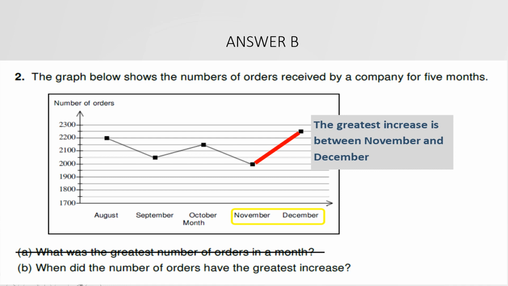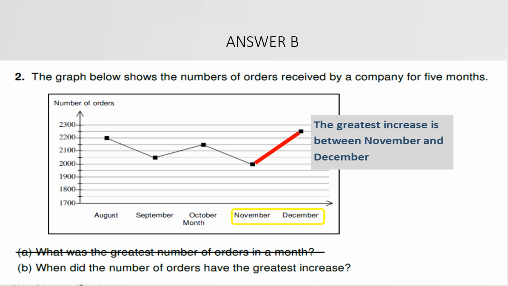How much? Look, in September, it was more or less 2,050, and in October, it was more or less 2,150. So how much did it increase? We can know the amount of orders that increased by subtracting the two numbers.